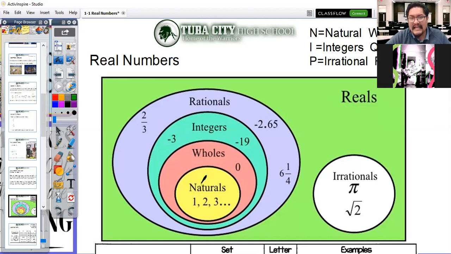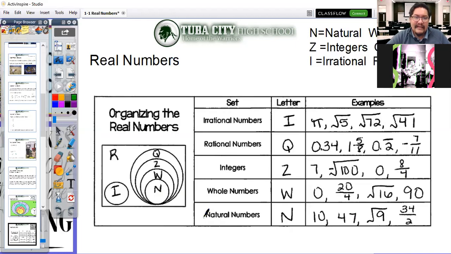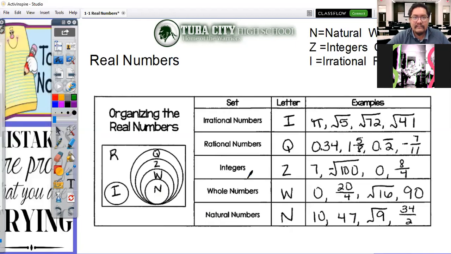So it doesn't have to go down into the deeper circles, but it will be right here. So -3 is an integer, but it is also rational. I don't know how much sense that makes, but that's the way it is.